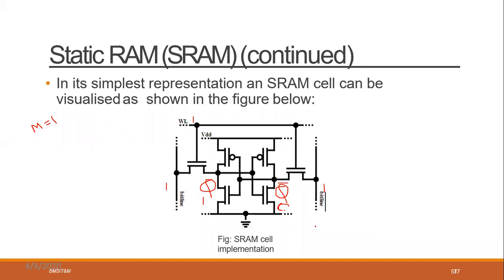Then, in the next step, we will be giving bit line and bit line bar as input to a sense amplifier. This bit line I'm calling B, and this bit line bar, B bar, will be given as input to one sense amplifier, or comparator, you can say.